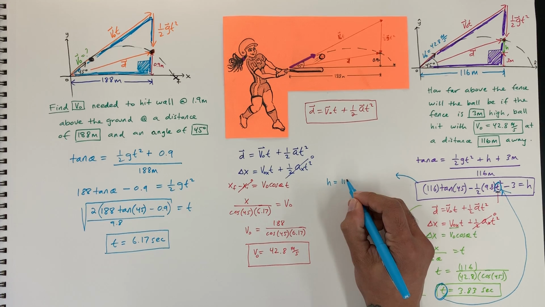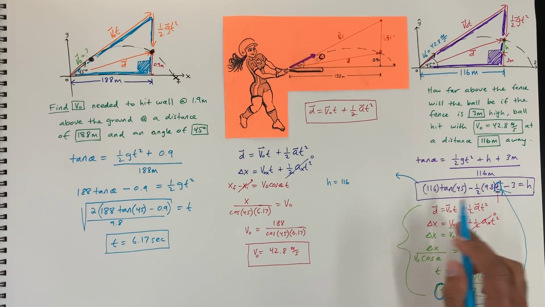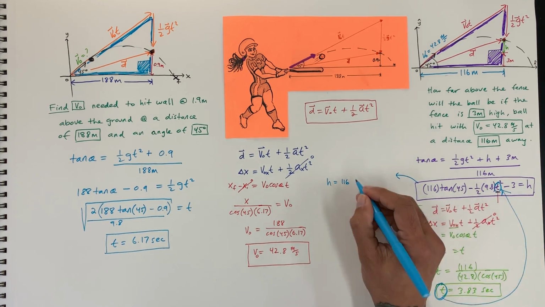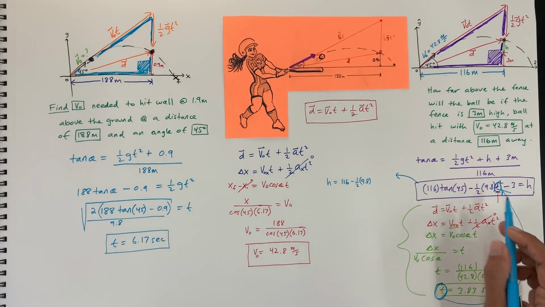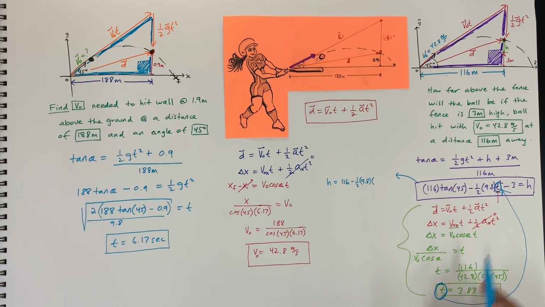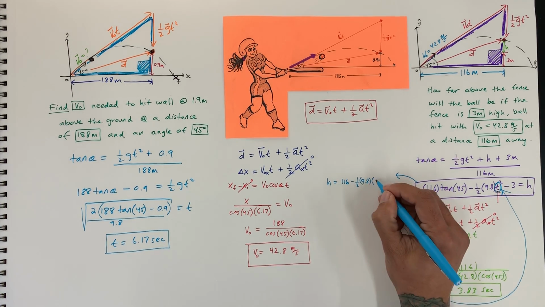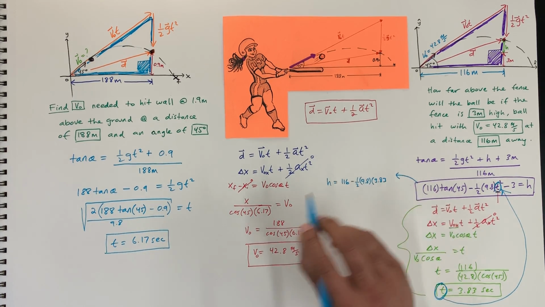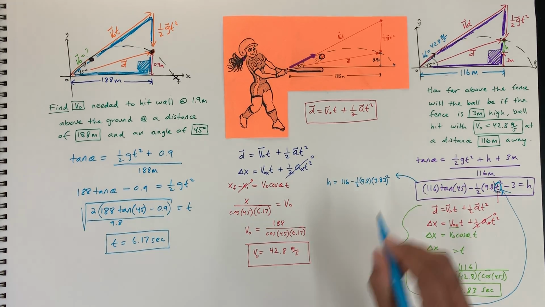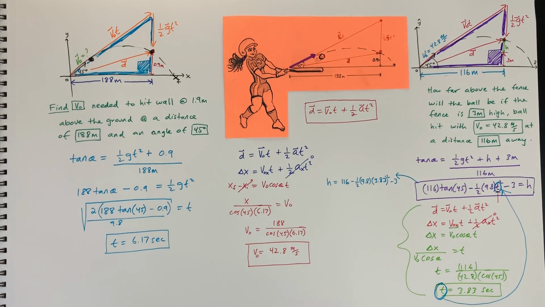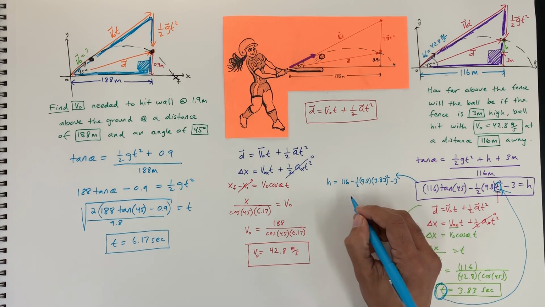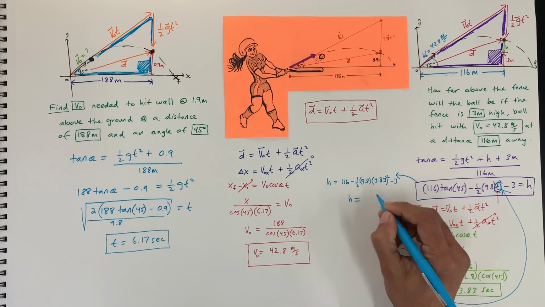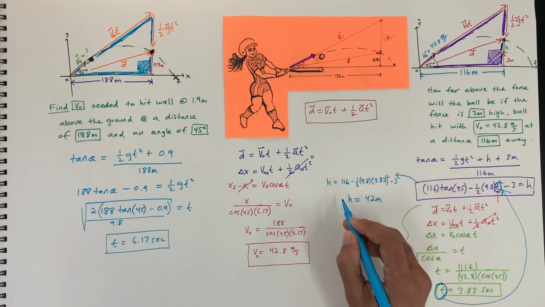So I'm gonna write 116, tangent of 45 is 1, so we don't need to write it, minus 1/2 times 9.8 times the t that we found, which is 3.83 seconds squared, minus 3. Okay, so perfect. We have all the values that we need. When we plug that into the calculator, we're gonna get a height of 42 meters.